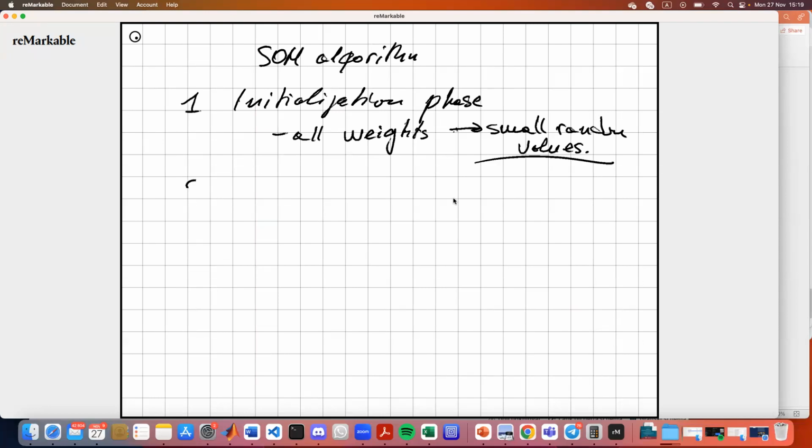The second phase of SOM is competition. For this, each neuron has a so-called discriminant function.